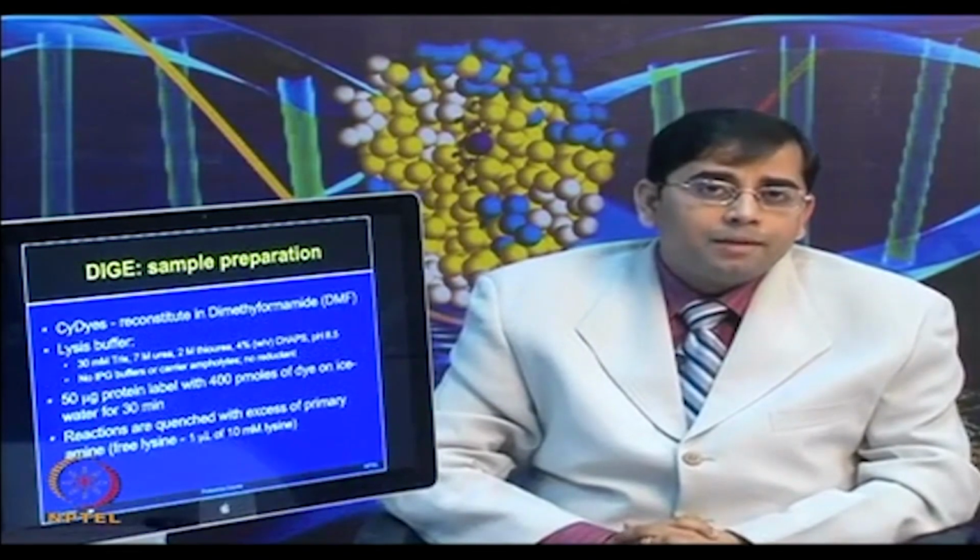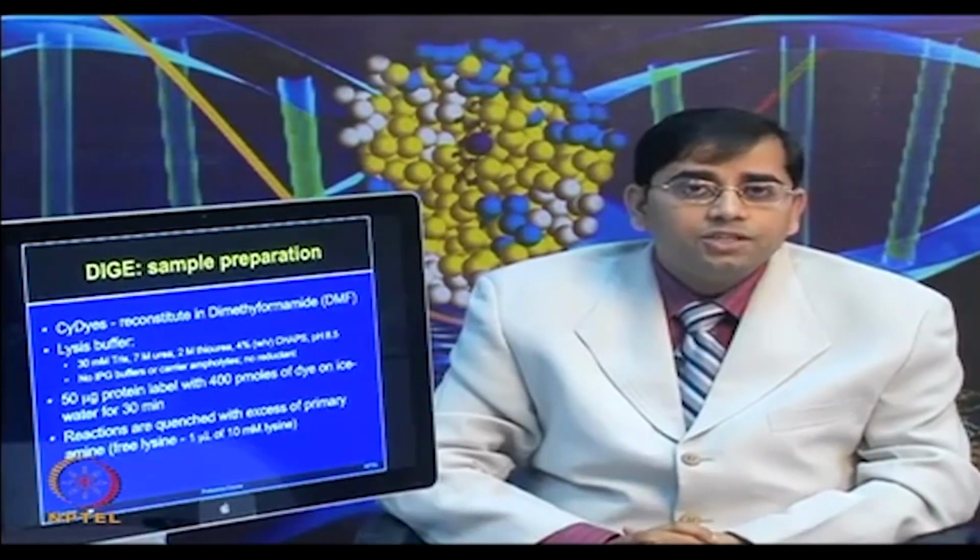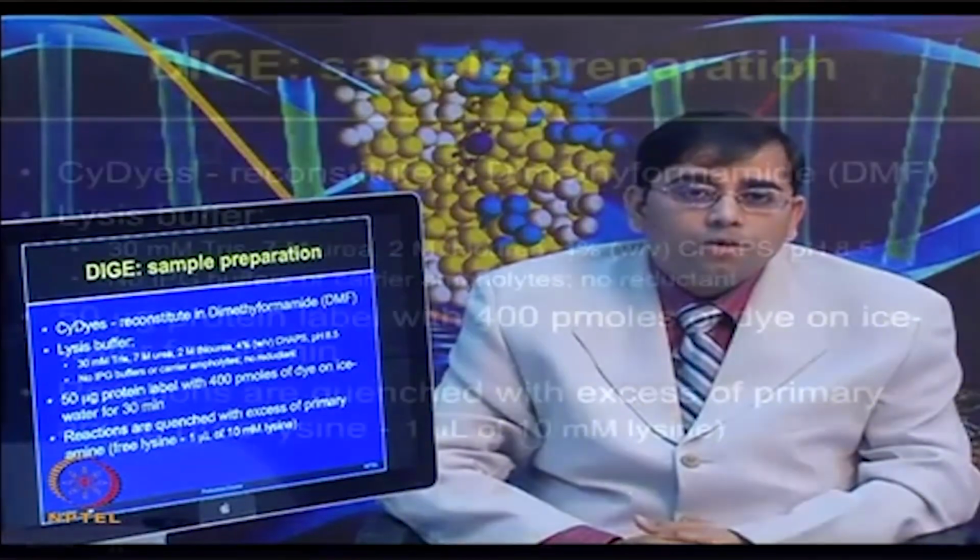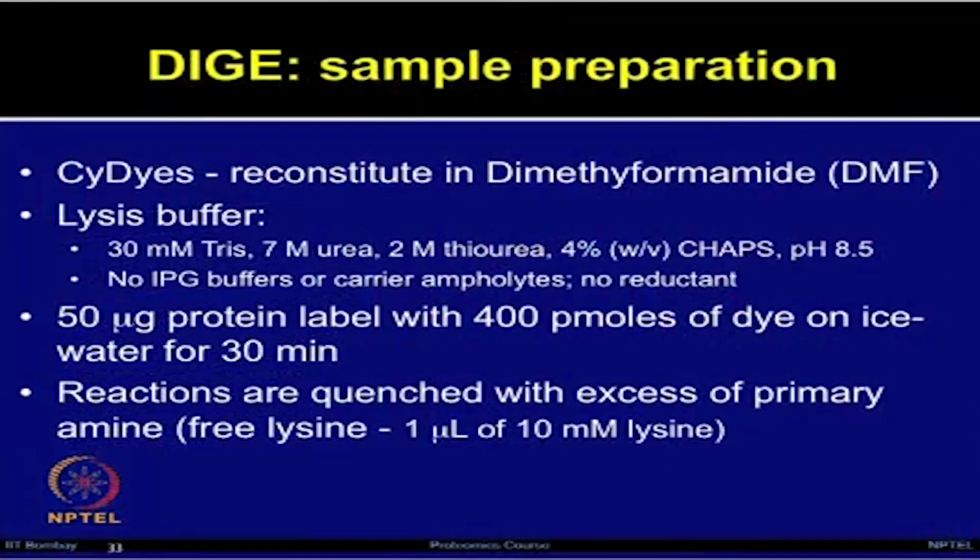So, how do we prepare the sample to perform the DIGE experiment? First of all, you need to reconstitute your dye in dimethylformamide or DMF. The lysis buffer, in which your protein sample is going to be dissolved, consists of 30 millimolar Tris, 7 molar urea, 2 molar thiourea, 4% CHAPS, and you have to adjust the pH to 8.5.